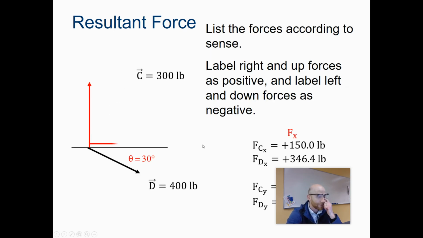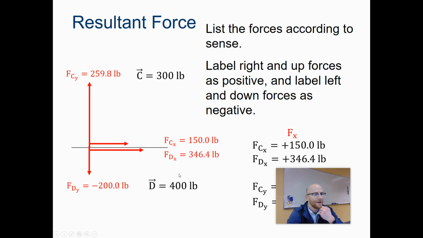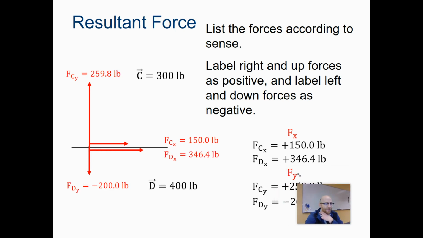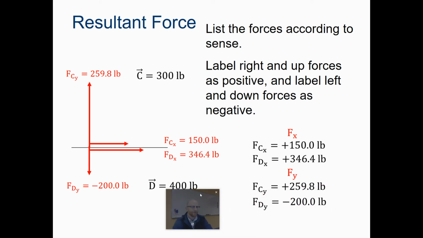So what's the resultant force? Now we're basically going to add these up. So the resultant force is, hey, oh, that's why they rounded up quite a bit here. 346.4 pounds plus 150. And then we have a negative 200 and 260 pounds here. So we have pretty much 60 pounds pulling in the y direction, and 496 pounds pulling in the x direction.